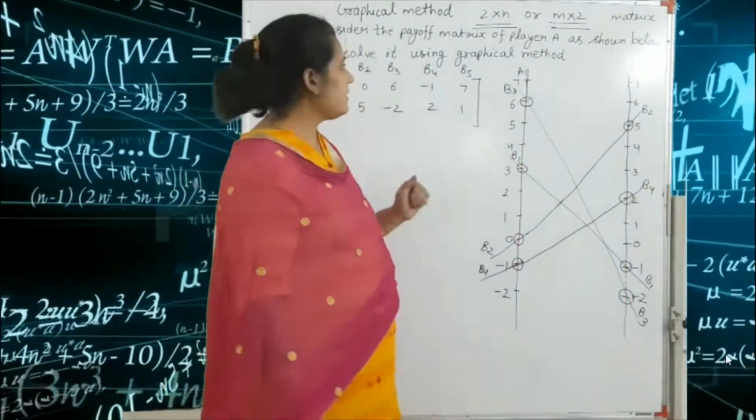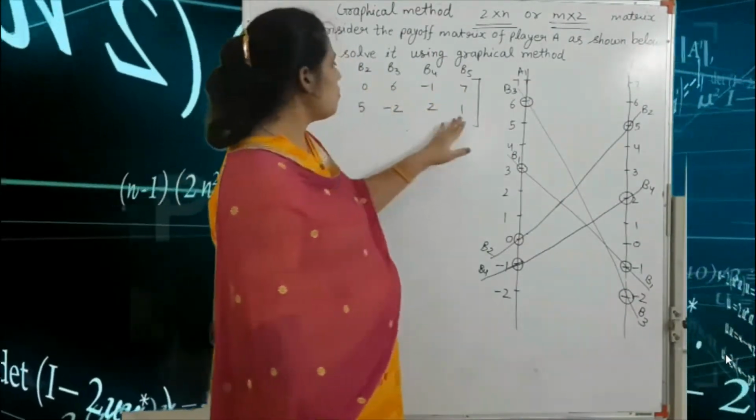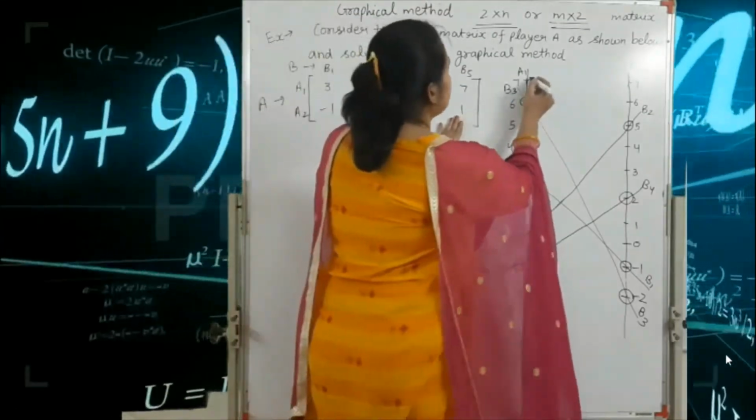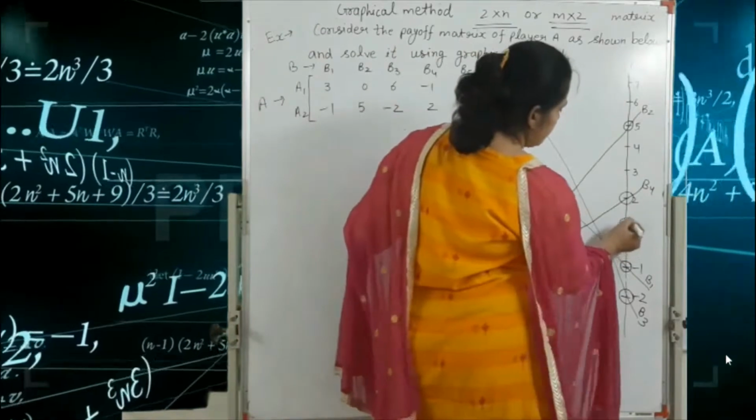Got it? The next is B5: A1 is 7 and A2 is 1.